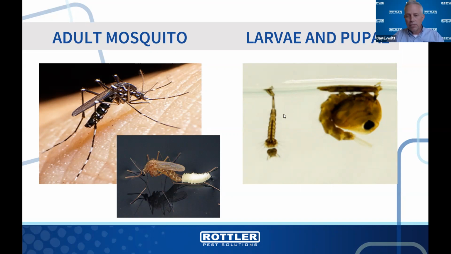Both of these stages actually come up from the bottom or wherever they're dwelling in the water up to draw air. So they have these siphon tubes that they use. And it's important to understand that not all bodies of water allow mosquitoes to breed in them.